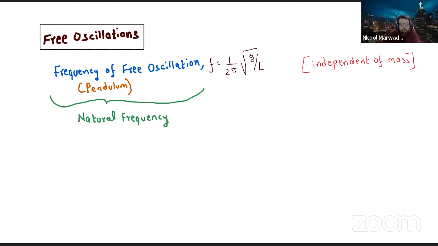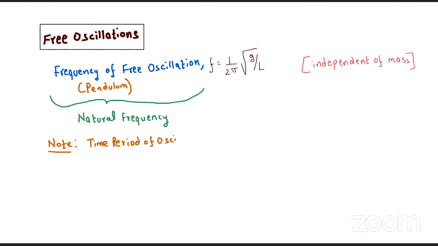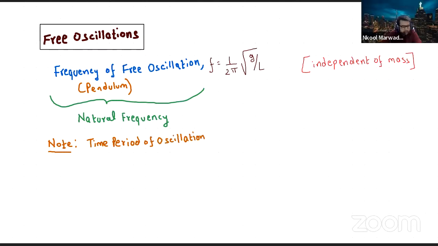Now, one more very important property I will write, because these are very small properties, but very important. Time period of oscillation, for natural oscillation, free oscillation of an ideal oscillator: the time period of oscillation of an ideal oscillator is independent of the amplitude.